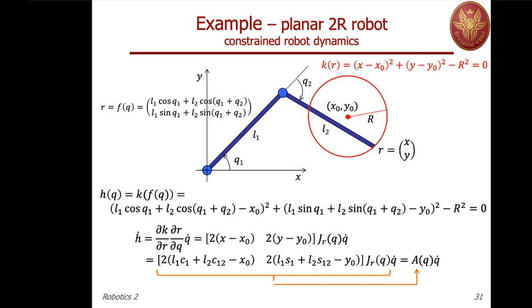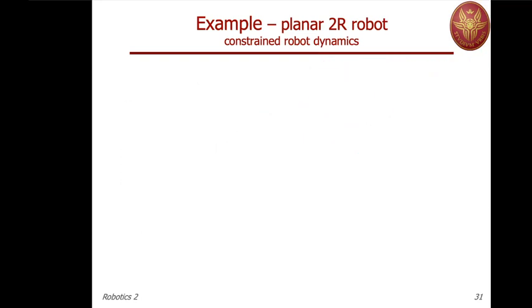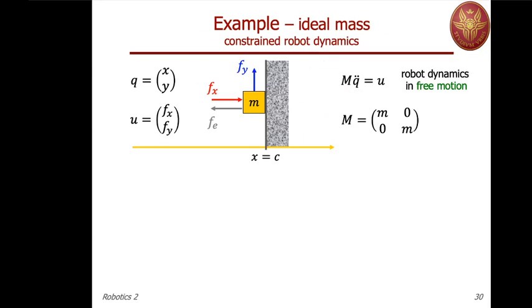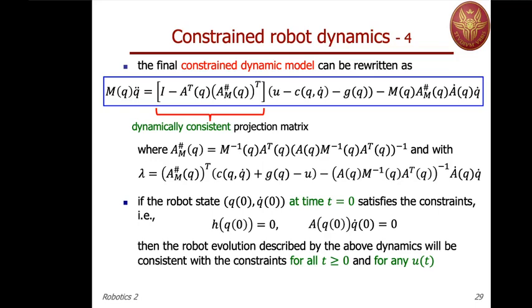So in this product, you have A of q. And once you have this A, and you can take the derivative of A, you can have the dynamic model of the robot, you plug everything inside the system. Maybe we could go back to the previous slide. Oh, sorry. So you plug into the equation in blue, so you need the inertia matrix, the Coriolis and centrifugal force, the gravity term, and so on.